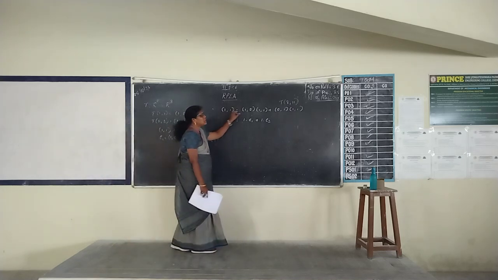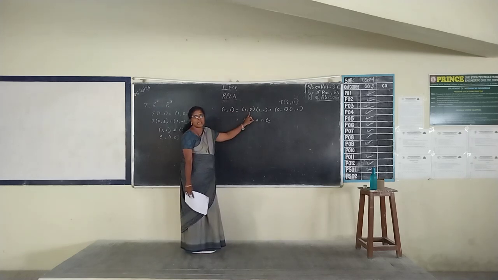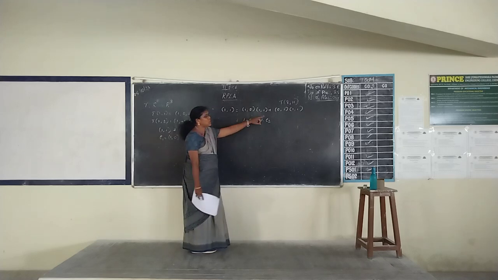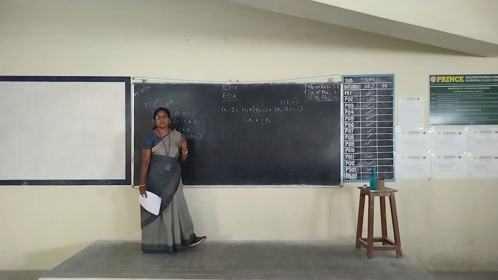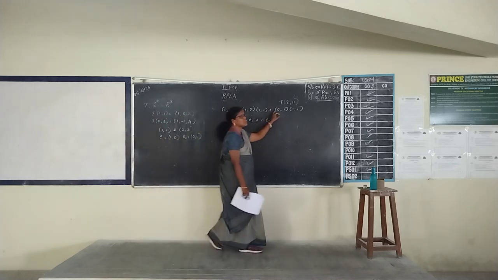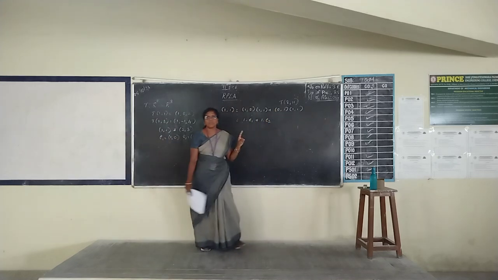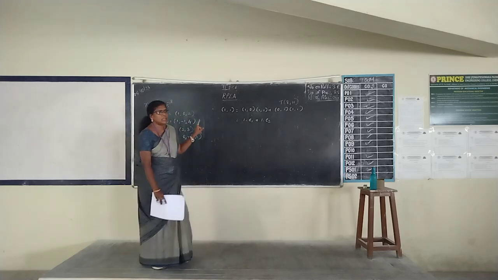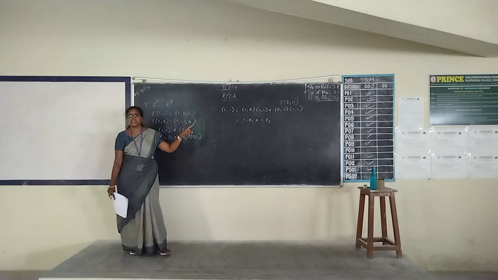This one into this one. So 1 into 1 will be 1, and the next one will become 0. Then this one into (0, 1): what is the answer you will get? 0 into 1 is 0, 1 into 1 will give you 1. So (1, 1) can be written as e1 plus e2.